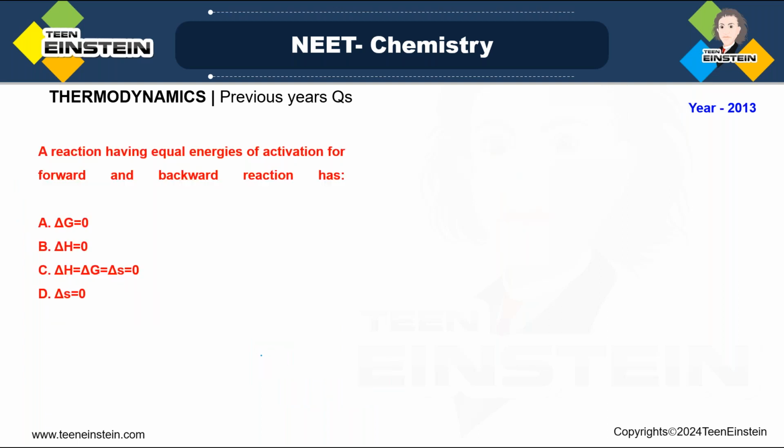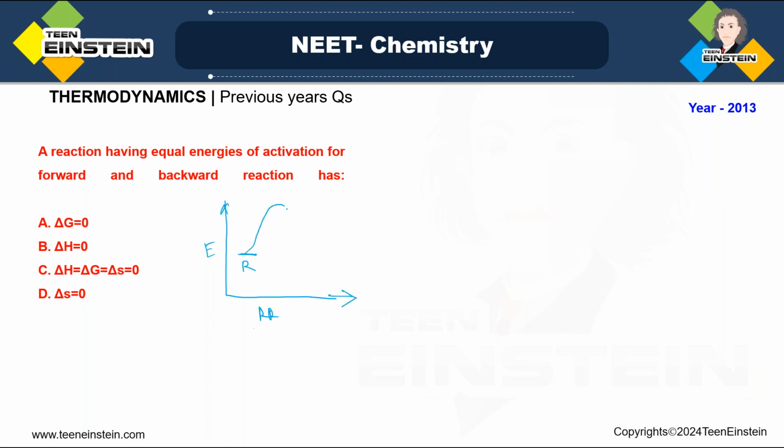A reaction having equal energies of activation for forward and backward reaction, which of these will be correct? Now, if you consider the energy profile diagram, this is reaction progress and this is energy. Suppose this is the position for reactant. I am just trying to say how to get the del H value from an energy profile diagram.